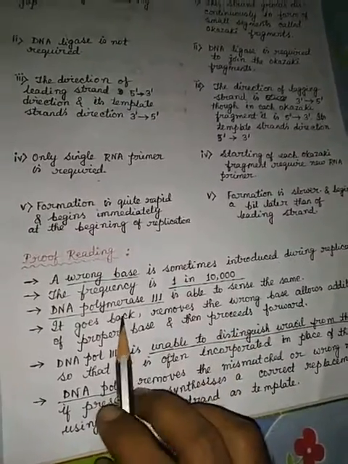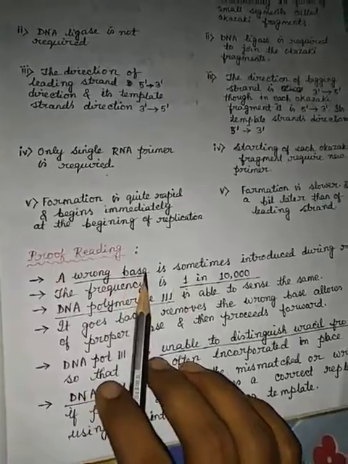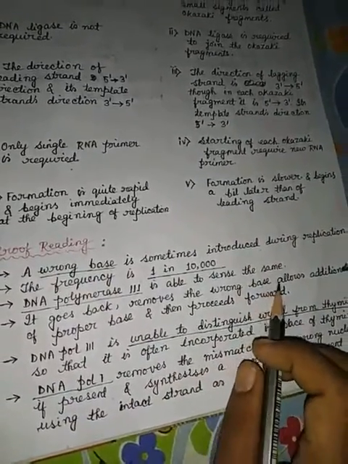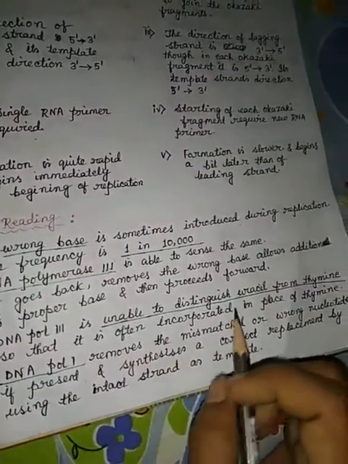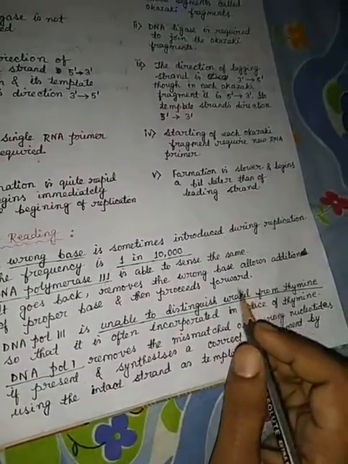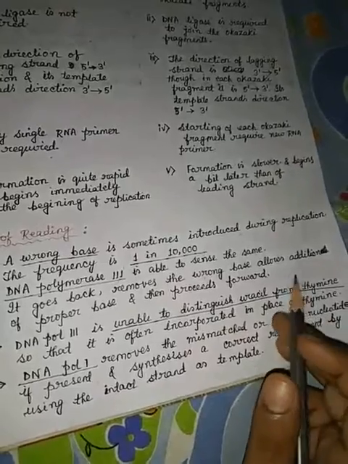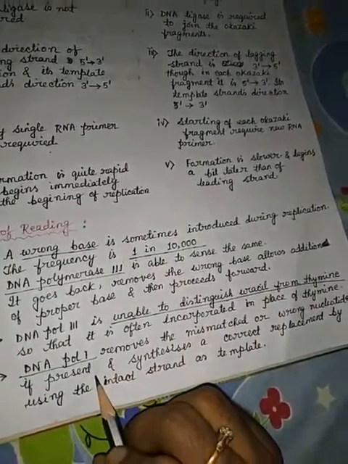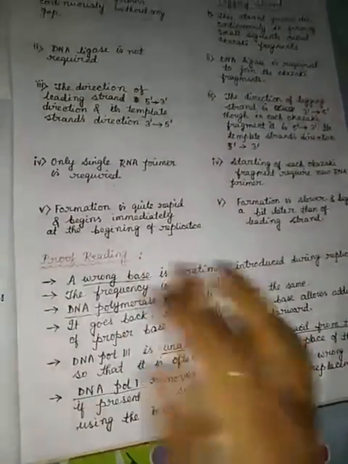So generally DNA polymerase 3 is required for proofreading, to detect if any incorrect base is incorporated. But in the case of uracil, it can't distinguish uracil from thymine. So that's why DNA pol 1 removes this mismatch, if present. Okay, this is the proofreading part.